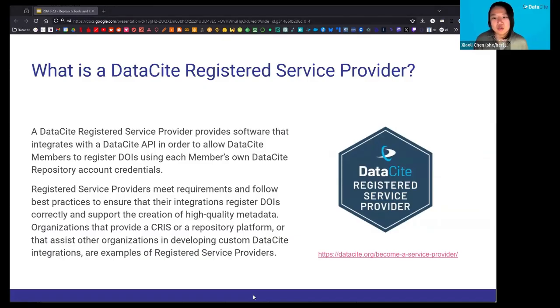And we run a Registered Service Provider program to allow these integrators to come together and talk to each other about their integrations, what types of workflows and resources they support, and how we can work together to make these integrations work smoothly and efficiently.